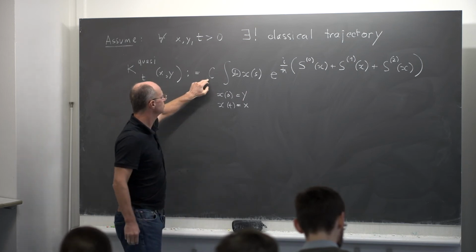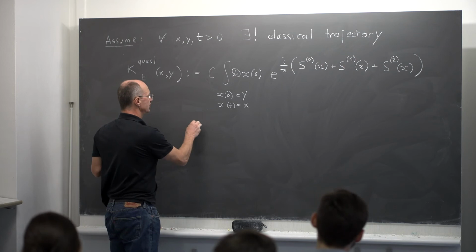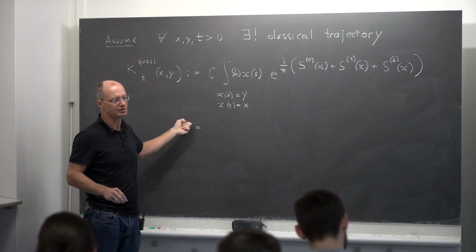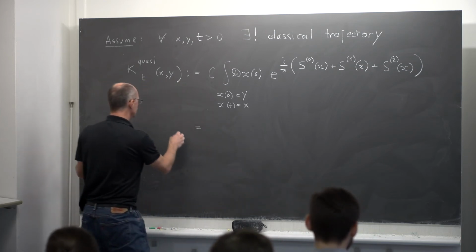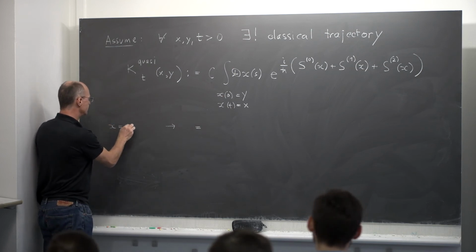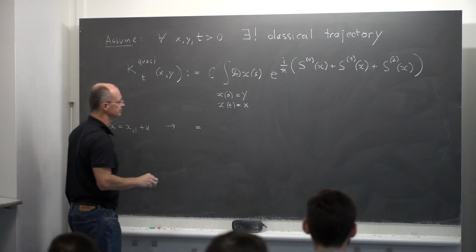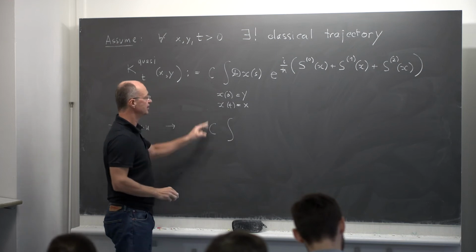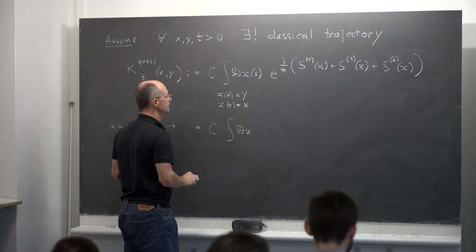So this is still not quite a definition that I have in mind. So let me continue. And note that this equality is still some kind of shaky equality. So I would like to make a substitution here, the substitution that I had before. X is equal to x classical plus u. And I would like to rewrite this expression as an integral over du.